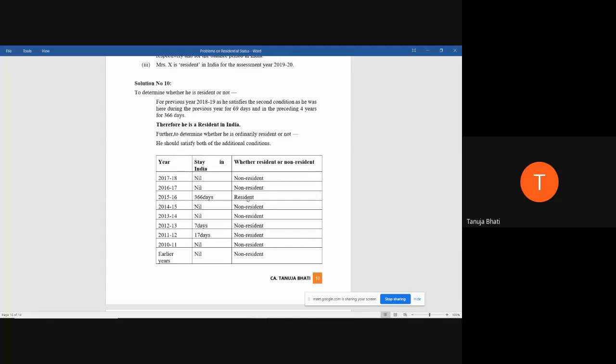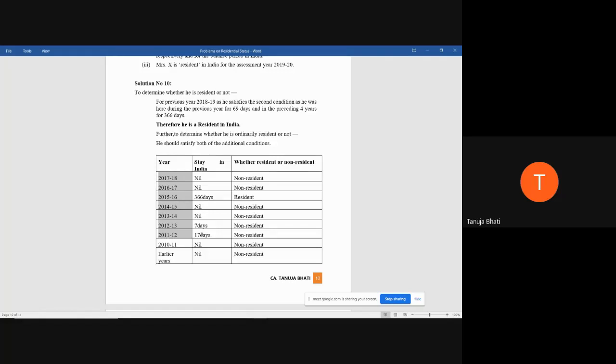No. Second additional condition says that out of these 7 years, his stay in India should be 730 days or more. Now, is it 730 days? No, because 366 plus 7 plus 17 is only 390. It is not 730 days or more. Therefore, the second additional condition also is not getting fulfilled.